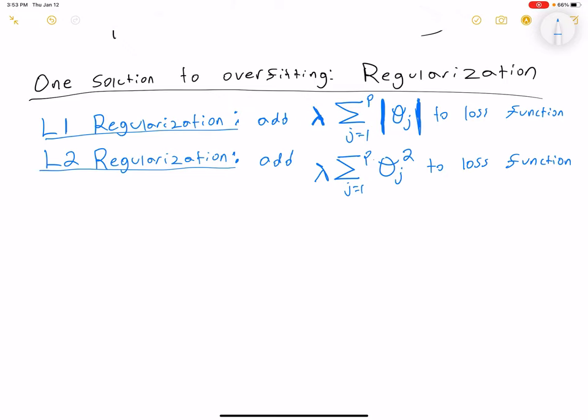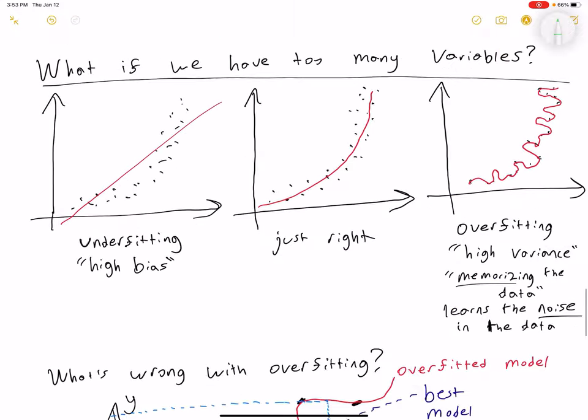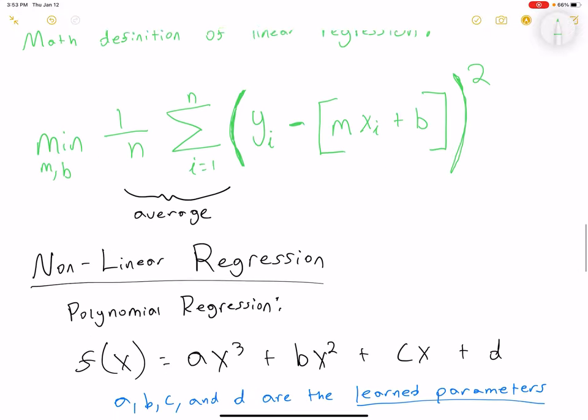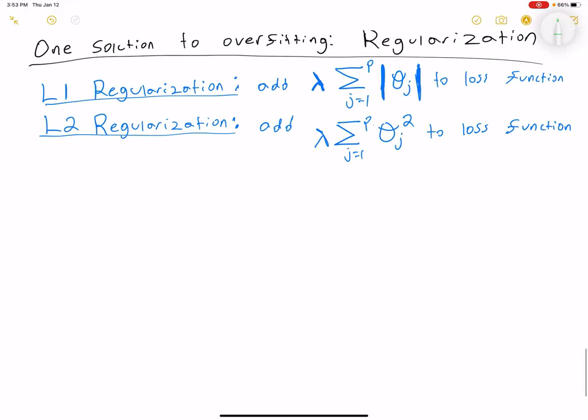So let's break this apart. This lambda, so basically what we're doing here from a conceptual standpoint is we're trying to minimize loss. Let's recall that our goal from up here is to minimize the mean squared error. So let's start with that.